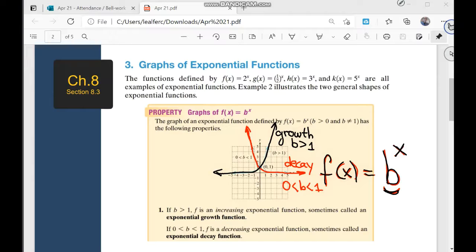One of the applications of exponential functions is to manage money, to manage your finances. And a quick question for you. If you want to manage your money and you want an investment, what kind of behavior do you want from your investment?